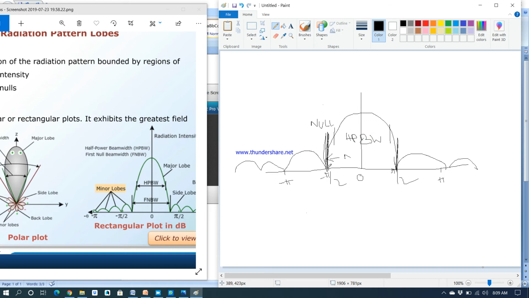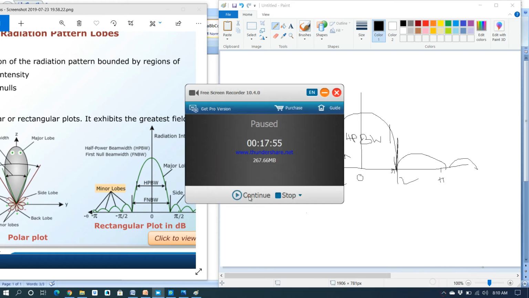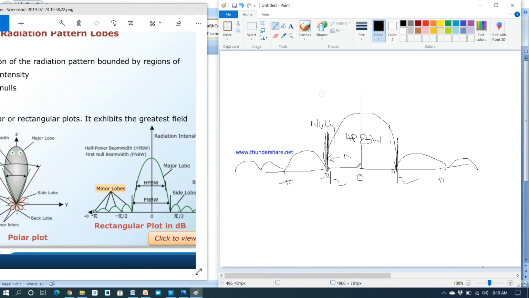Suppose this major lobe, okay, we observe this major lobe, the direction is maximum here, that is, its radiation energy is maximum.